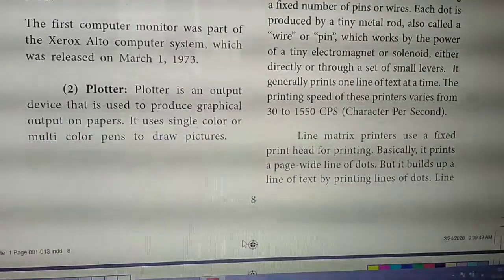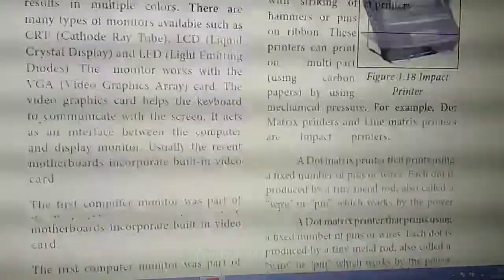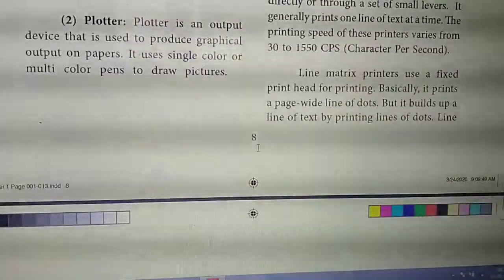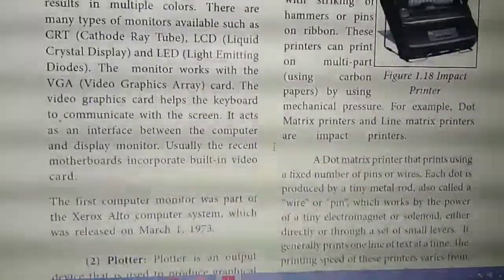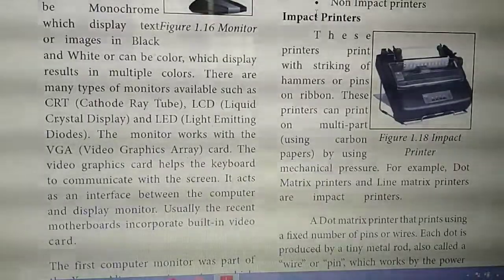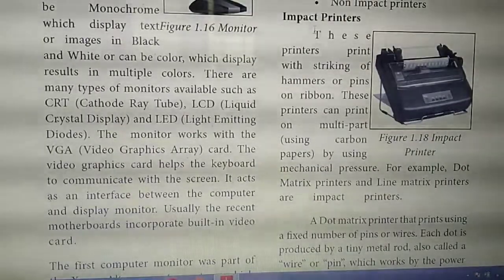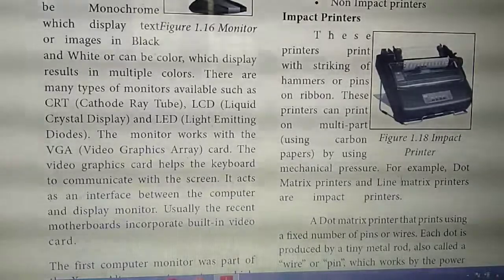Yes. Next, sixth question. Write short note on impact printers. Page number 8. Take page number 8. Impact printers. Where are impact printers? Here. Okay. So page number 8, impact printers from here to here. These printers print with striking of hammers or pins, up to here.